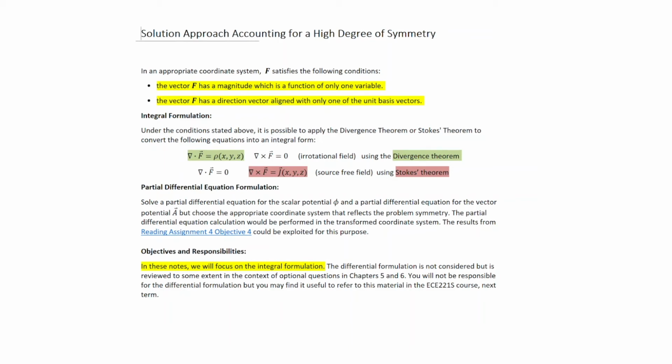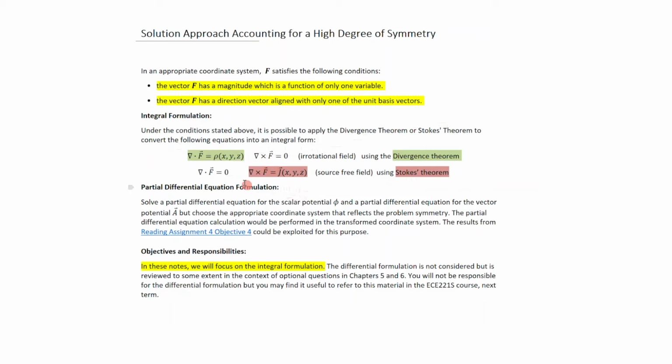Starting with an irrotational field, we have the divergence of F being the scalar density and the curl being zero. This is the divergence theorem that we would apply to compute F given rho. In the case of a source-free field, the divergence of F is zero, but the curl of F is given. So in this case, we can use Stokes' theorem to compute the value of the vector field F.